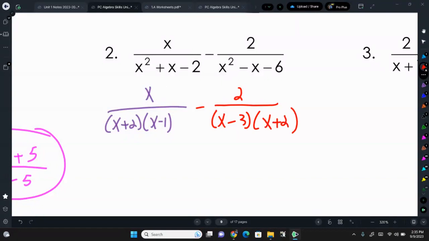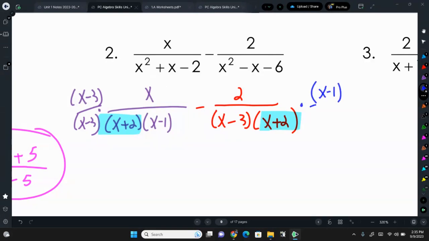So if we look at both of these denominators, they have an x plus 2 already. But for them to be exactly the same, we're going to have to multiply this first fraction by x minus 3 over x minus 3. And then we're going to multiply the second fraction by x minus 1 over x minus 1.